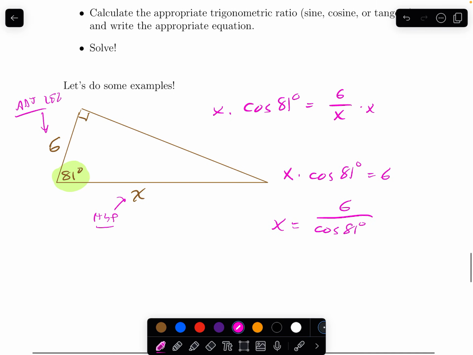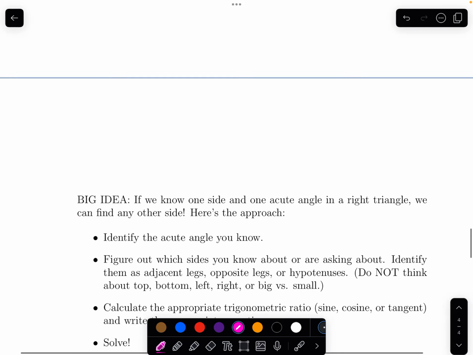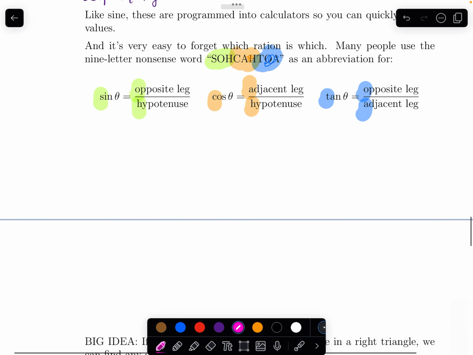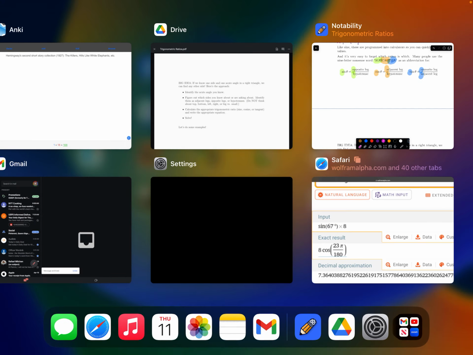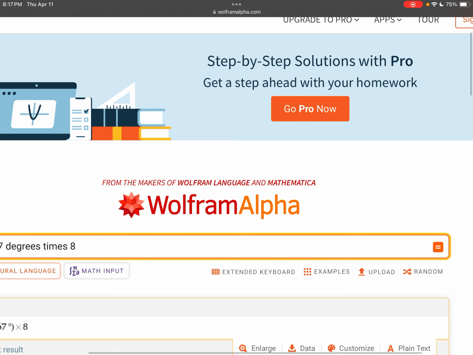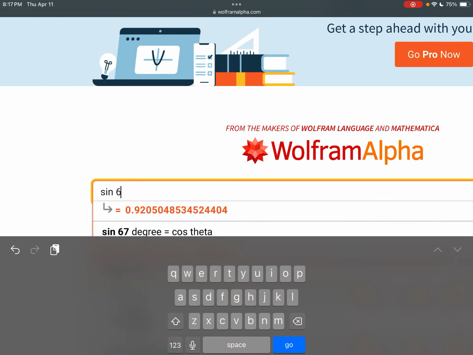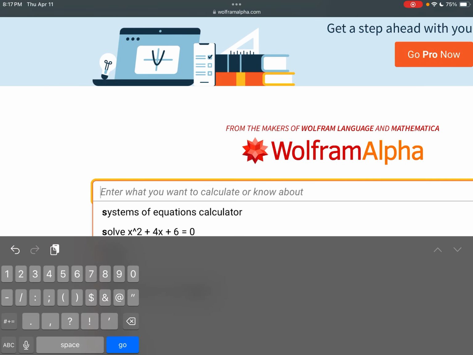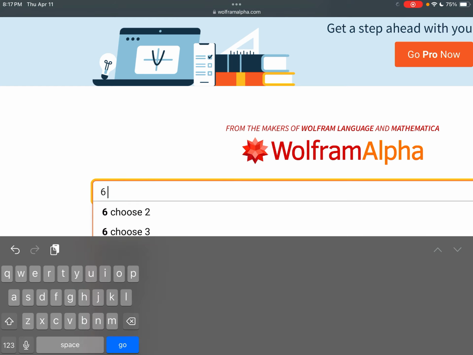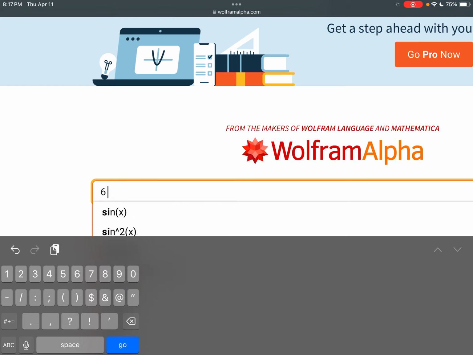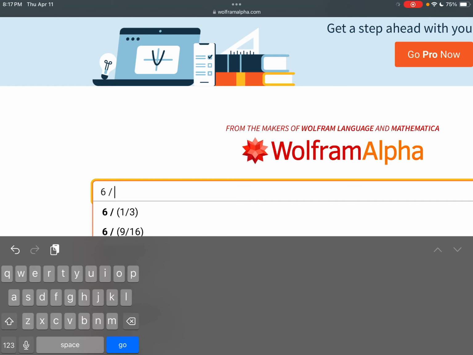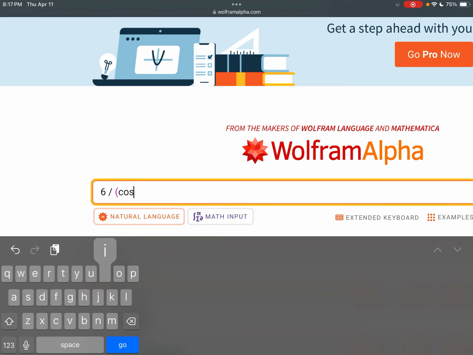And I can get that from the calculator. So we want 6 divided by cosine of 81 degrees.